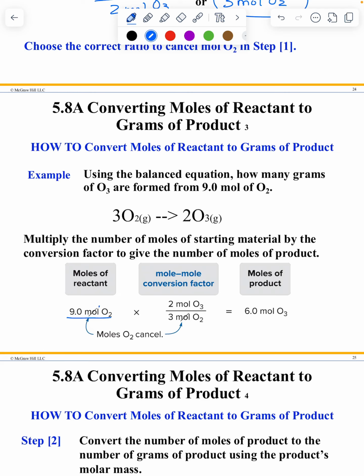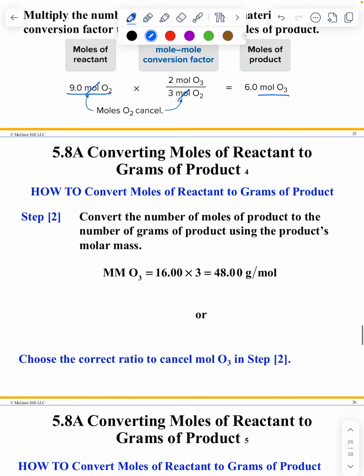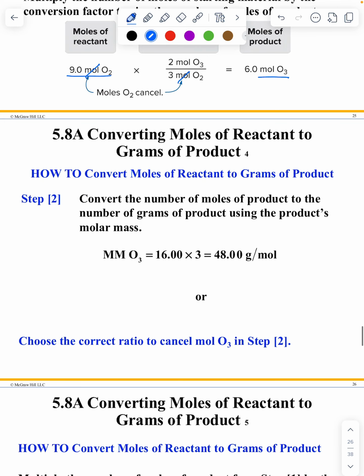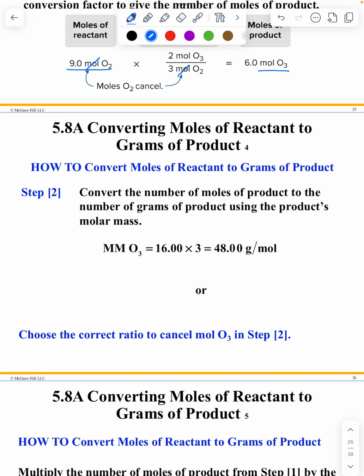Next, we need to convert the number of moles of product to the number of grams. So remember, it asks us for grams. And so we find the molar mass of O3, and that's simply taking 16, which is the mass of 1 mole, times 3, and that gives us 48 grams per mole.